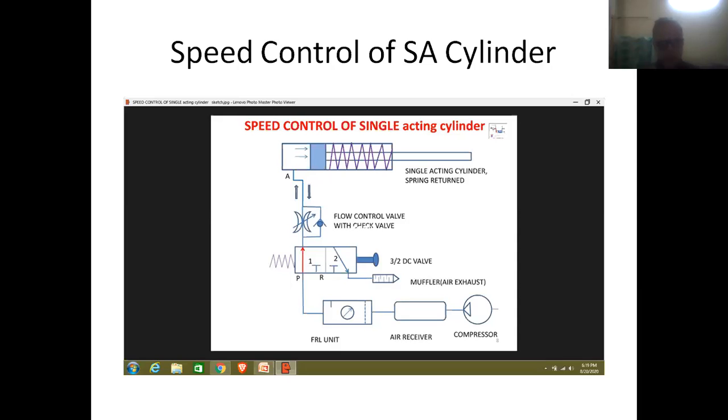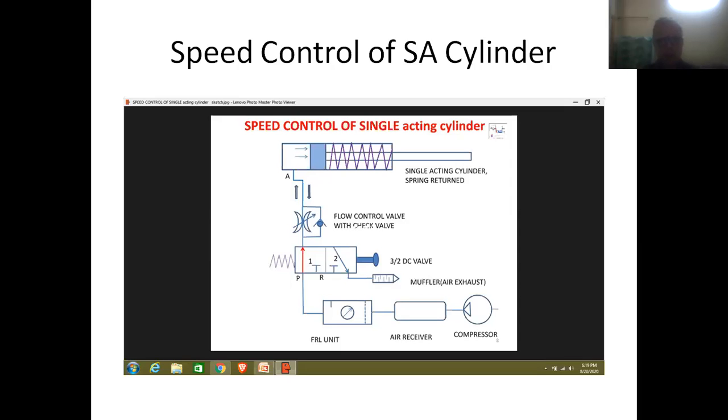So this is the arrangement of throttle valve and check valve, used for controlling the speed of the piston. So therefore, this circuit is referred to as a speed control of a single acting cylinder.